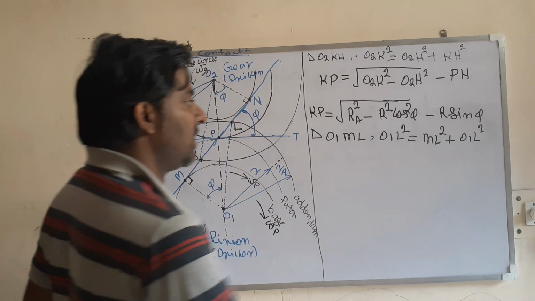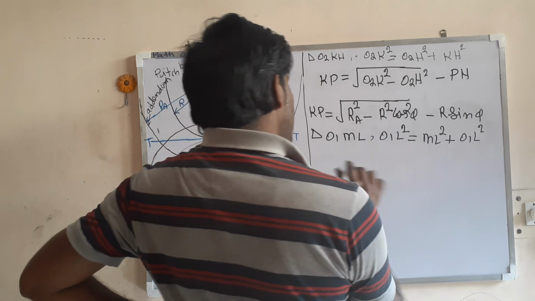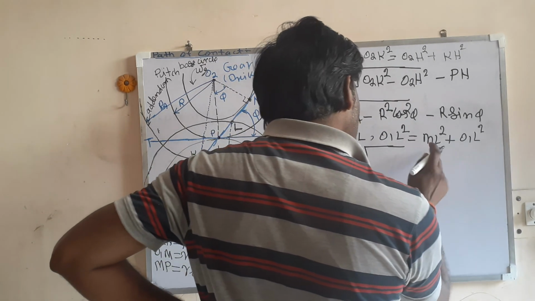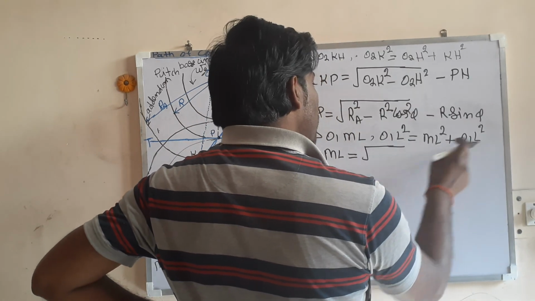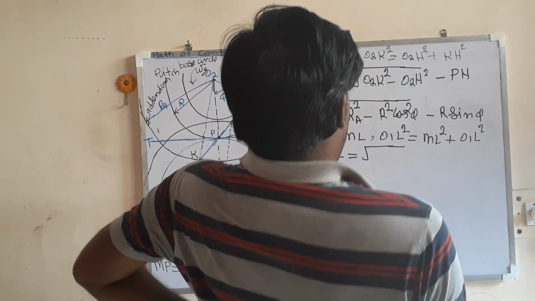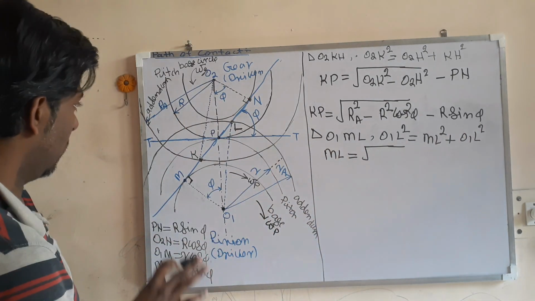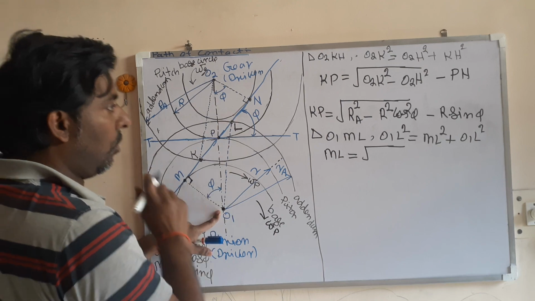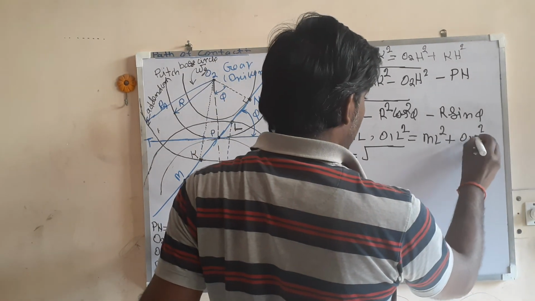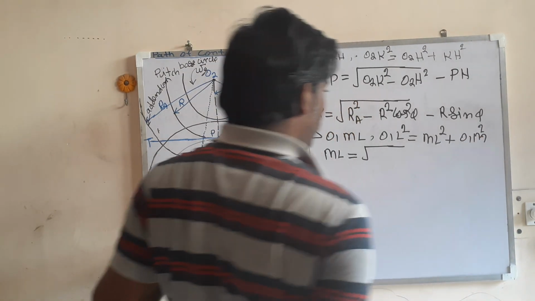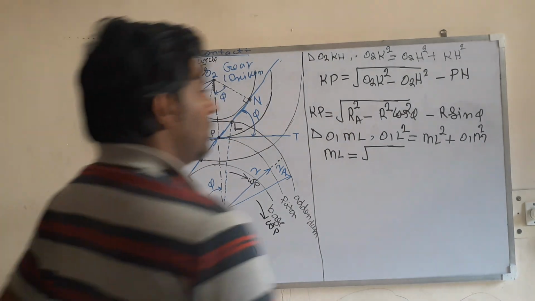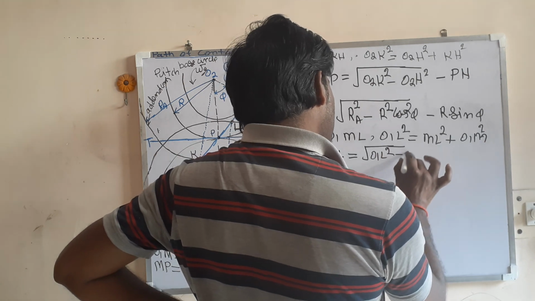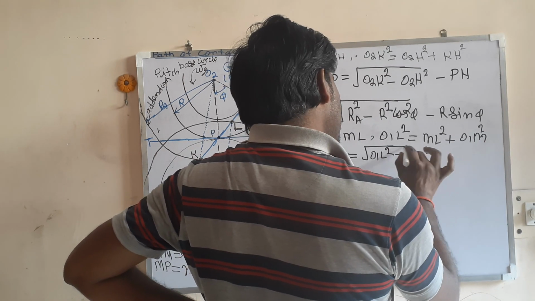So something I have written here. Sorry, something is a mistake. So this O1L square is equal to O1M square plus ML square. So this ML square is equal to O1L square minus O1M square.